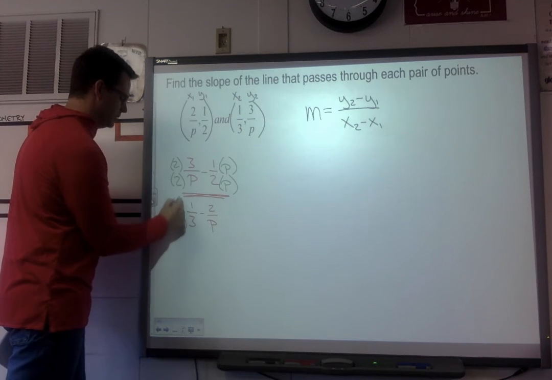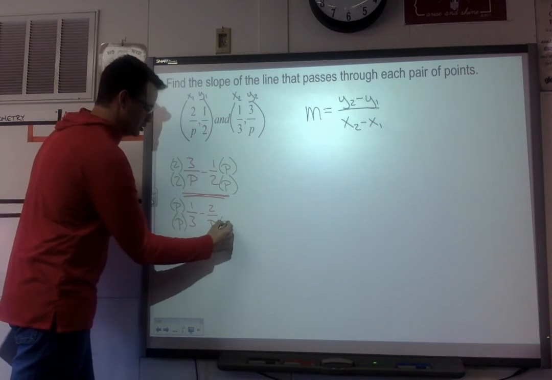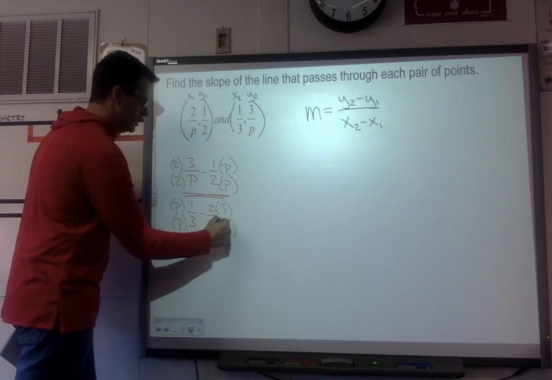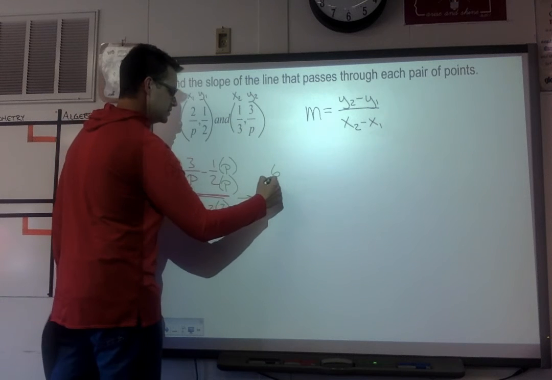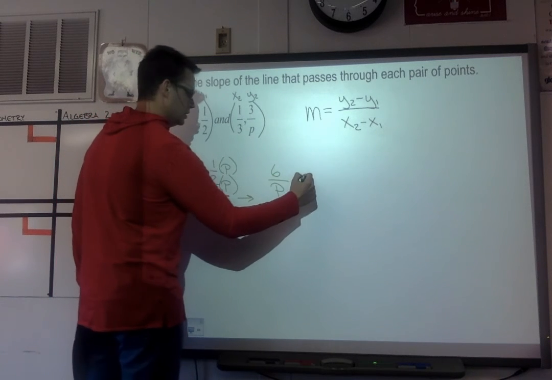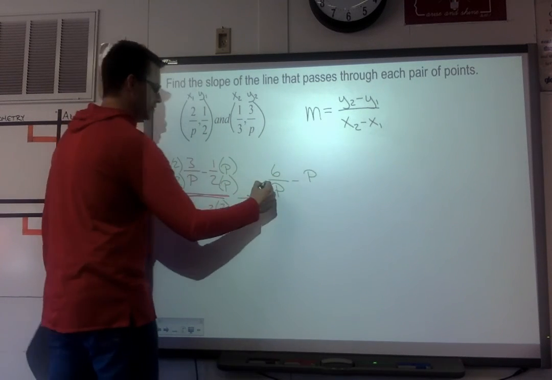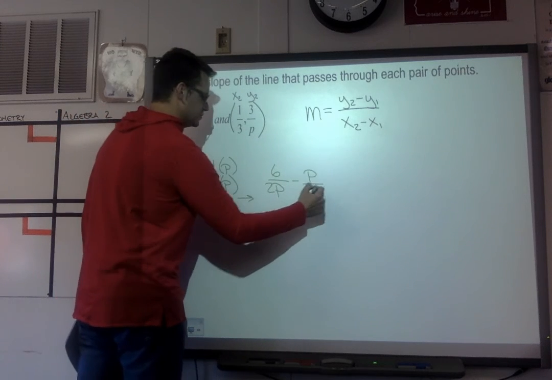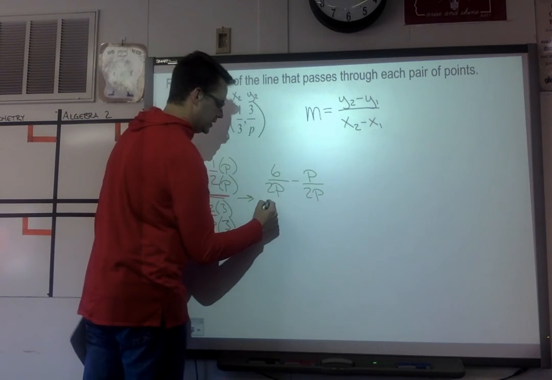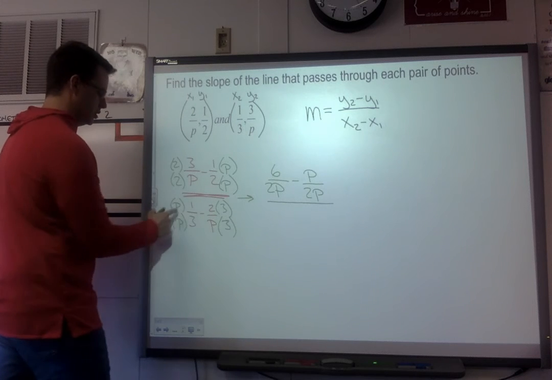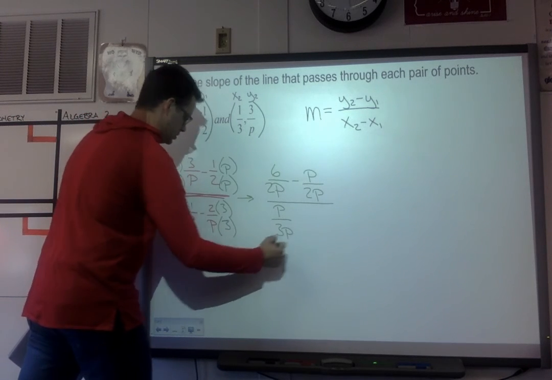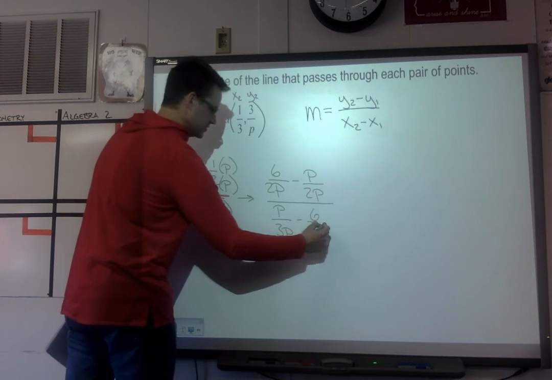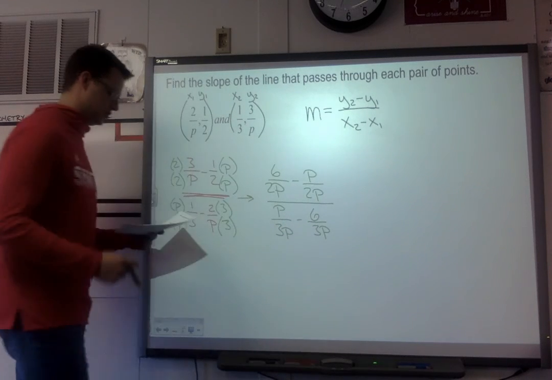So multiply by p over here, 3 on the right, and this will now become 6 over 2p minus p over 2p, over p over 3p minus 6 over 3p.